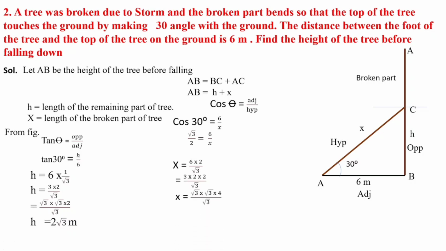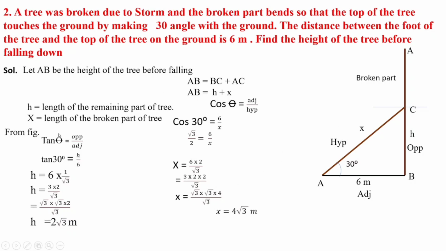This root 3 and this root 3 get cancelled out. The X is 4 root 3 meters. This is the value of X.